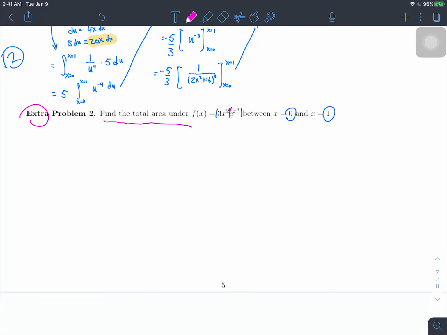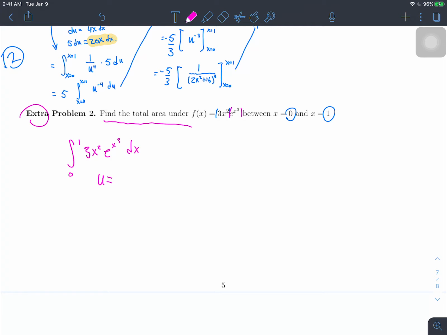So let's do it. We just want to do the integral from 0 to 1 of 3x squared e to the x cubed dx. I'm going to choose u to be equal to, what should I choose u to be equal to? Kevin?